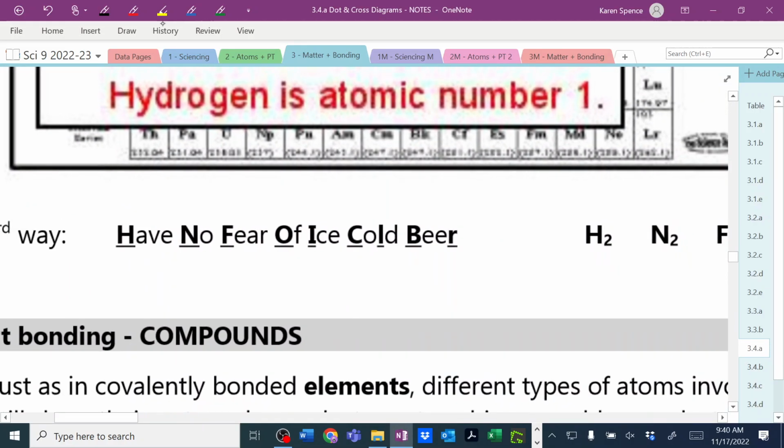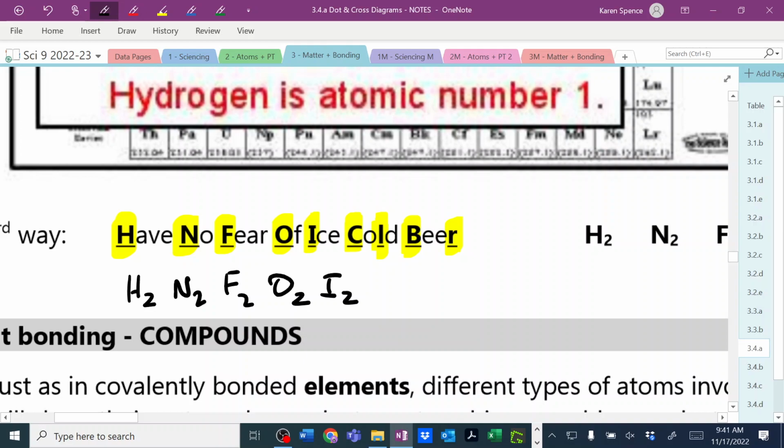It is have no fear of ice cold beer, which a lot of people find really easy to remember. The only problem is often what people will do is they'll say, okay, I got H2, N2, F2, O2, I2. That's great.